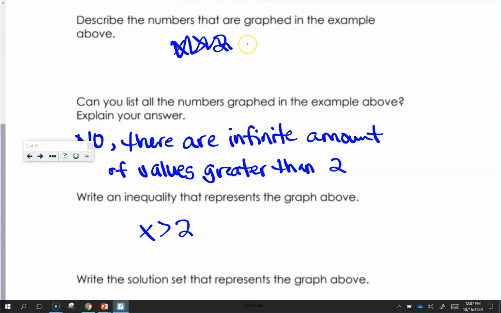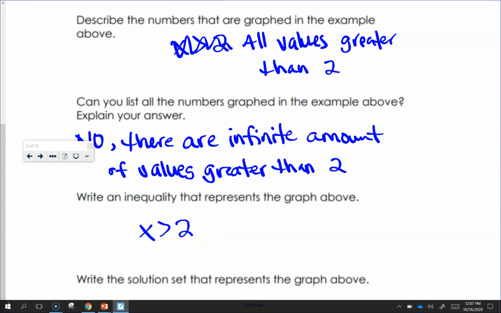My description should be all values greater than 2. I apologize. Help me read the directions. I didn't follow my own rules. Describe the numbers, so that's all the values bigger than 2. We cannot list them. There's an infinite amount. The inequality that represents that is x is greater than 2.